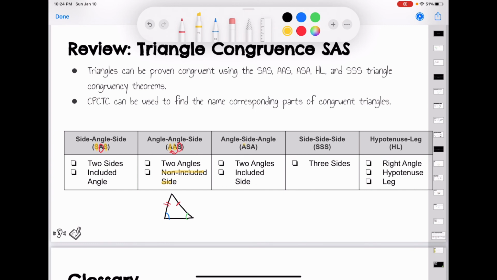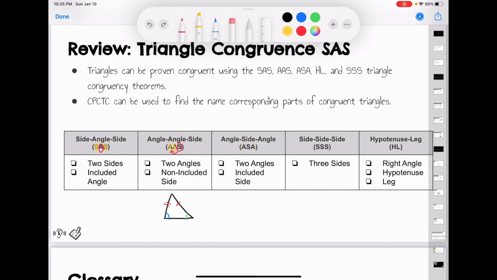Where in this instance, I have two A's, so I must have two congruent angles and an included side. And I know it's an included side because I have my S in the middle. So it's in between those two angles. Those two angles exist outside of that side. So in this instance, let's see.